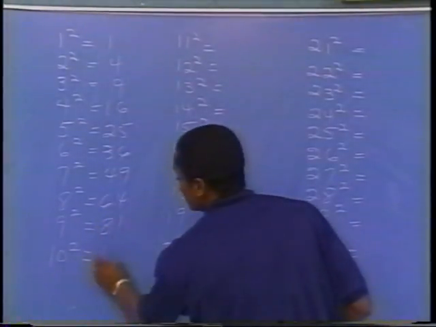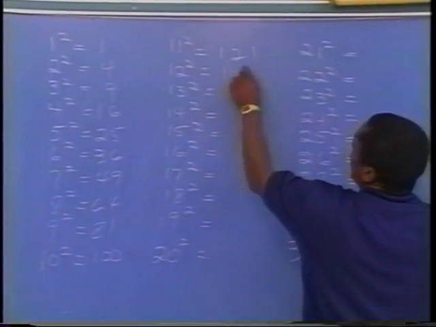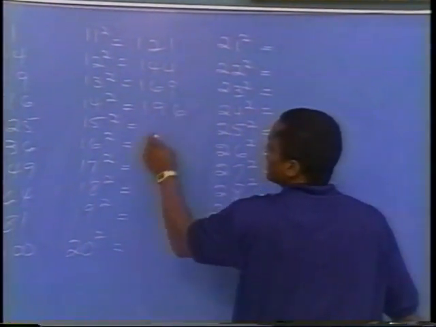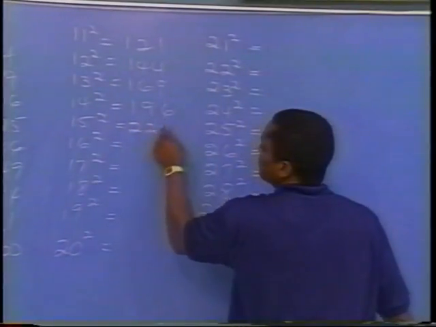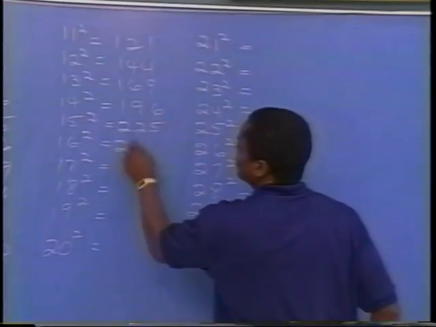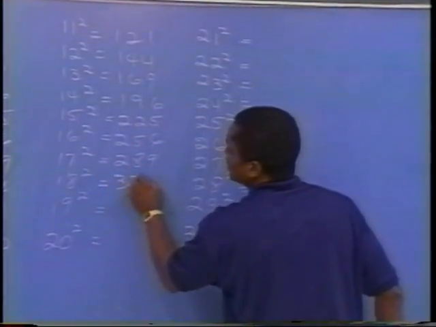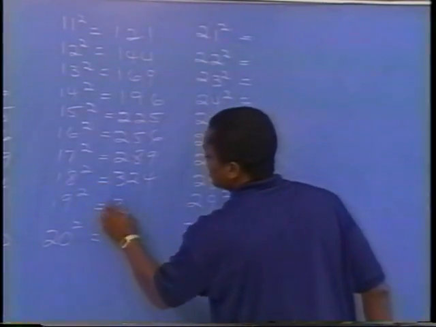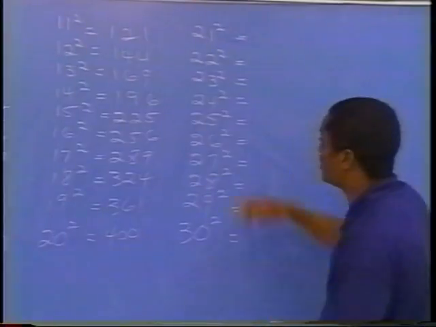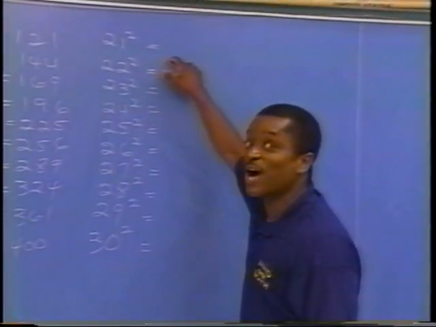10 times 10 is 100, right? 11 squared is 121, 144, 169, 196, 225 is 15 times 15. But you knew that. 16 squared is 256, 289, 324 is 18 squared, 19 squared is 361. Of course, we know 20 squared is 400. Keep going. You got the calculator going, don't you? 21 squared is what?